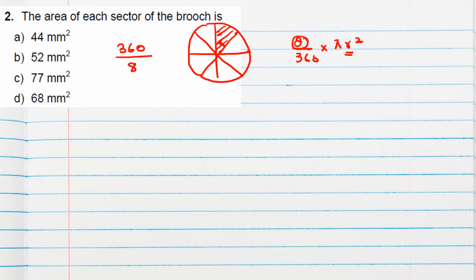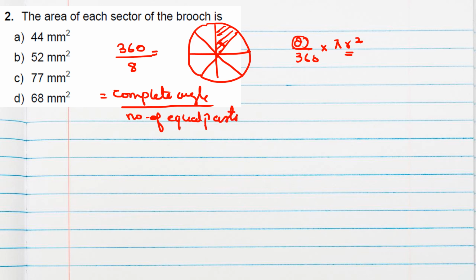Equal parts 8. The formula is complete angle divided by number of equal parts. This will give the central angle, 360 by 8. So this will go 45 degree is the answer.